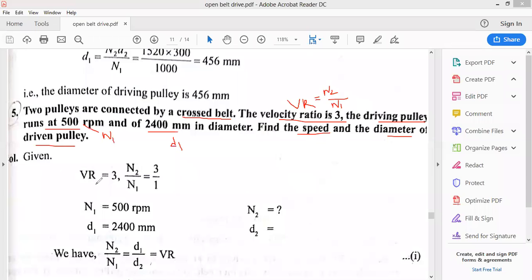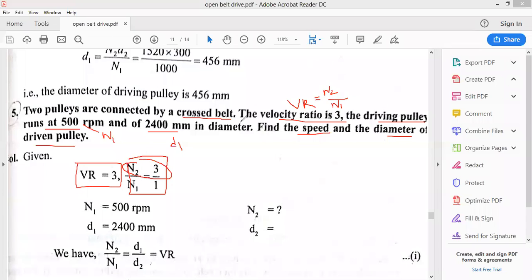So they have not given N2 and D2, they have given the velocity ratio. The velocity ratio is 3 times, that is N2 by N1 is 3 is to 1. So if the driving pulley makes one rotation, the driven pulley is going to make 3 rotations.